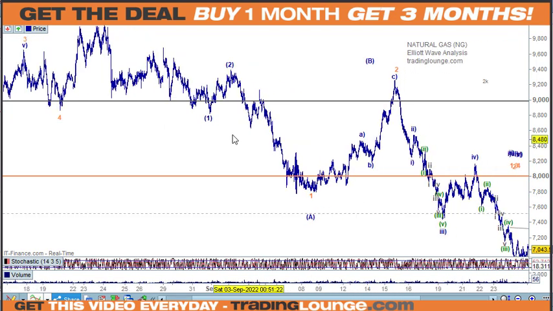So you'd have to go 1 and 2 and 1 and 2 here to get that. So it doesn't count very well labeling this wave 1 here. Labeling it as an A wave is about the only way to do it, because there's just no 3rd wave in amongst all of this.